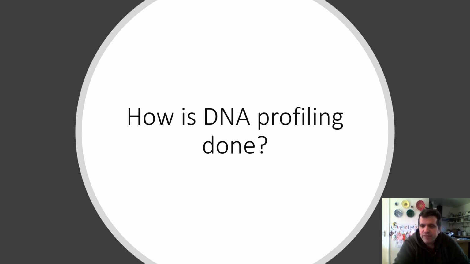And following amplification, we then do something called electrophoresis. So you've got all these fragments of DNA, and what we want to do now is separate them out according to size. We do something called capillary electrophoresis, where you have a very, very thin capillary with a polymer through it. The smaller the fragment of DNA, the faster it travels through.